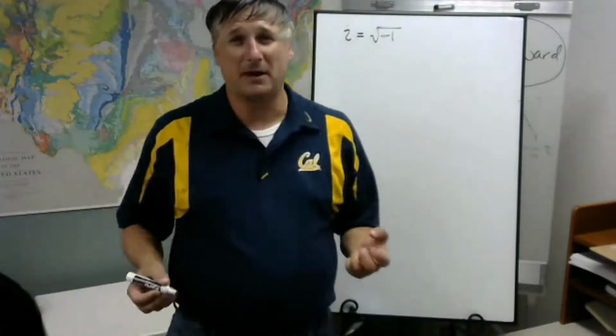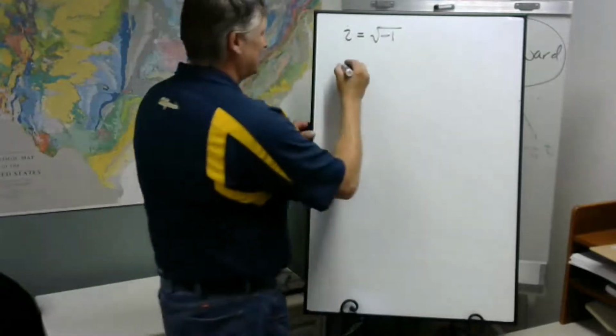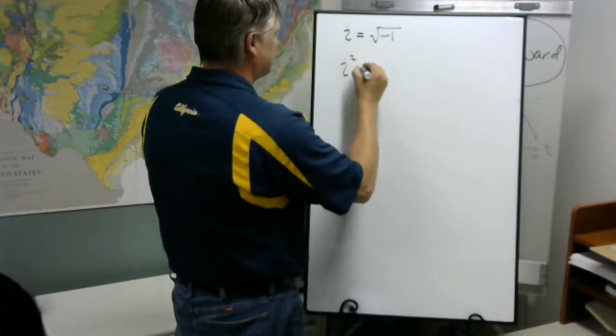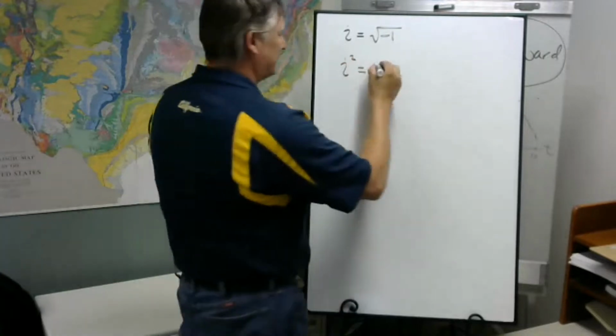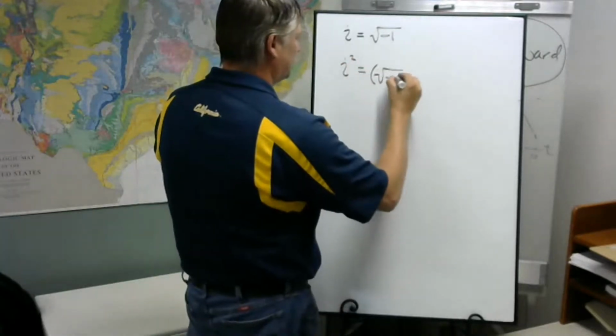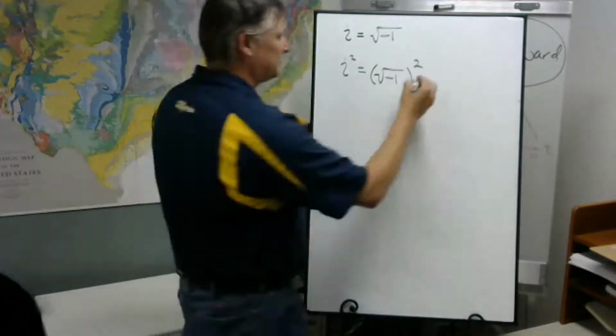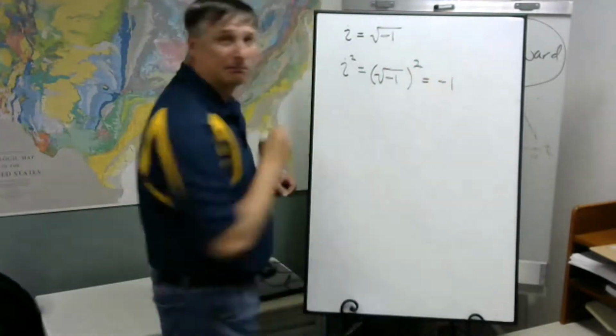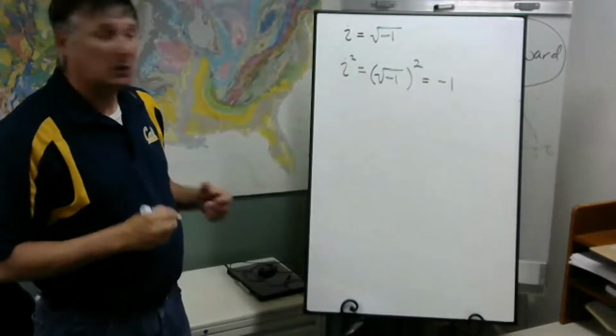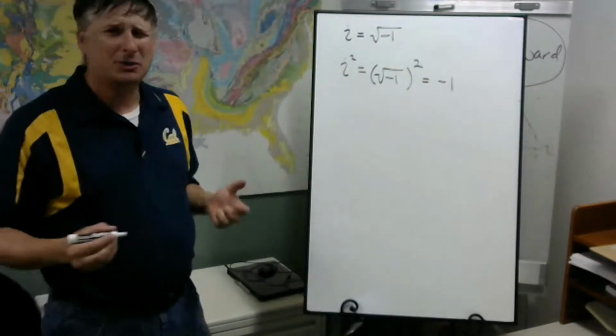What if we take powers of i? Well, let's say we have i squared. Well, this is the square root of -1 squared, and what that's going to do is just give us -1. All right, what about i cubed?